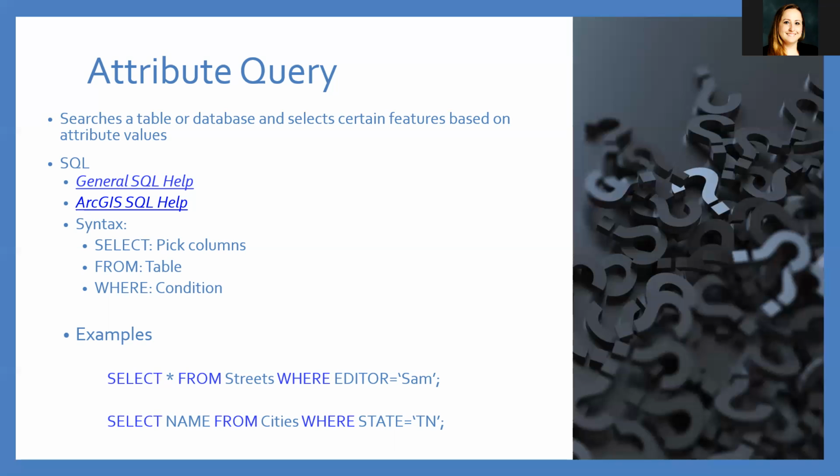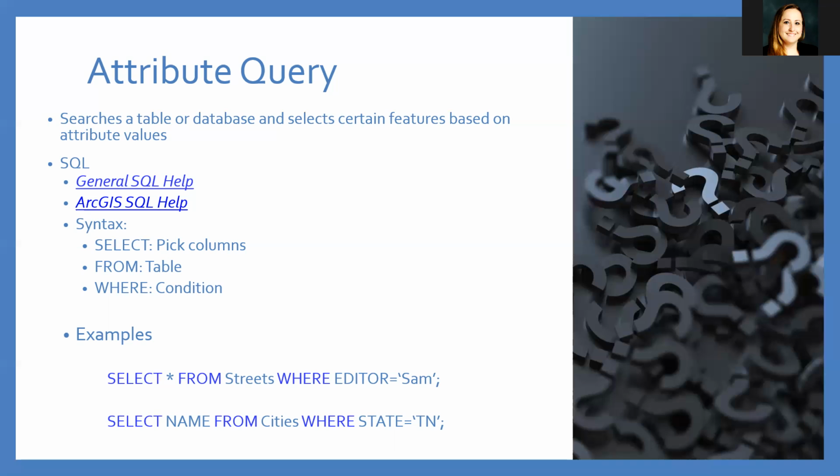In SQL syntax, you will make a select from where statement. You will select whichever columns you want from a specific table where there are certain attribute values. For example, in the first SQL statement on the slide, you are going to select all the columns, the asterisk here means all, from the streets table where the name Sam is listed as the value in the editor column.